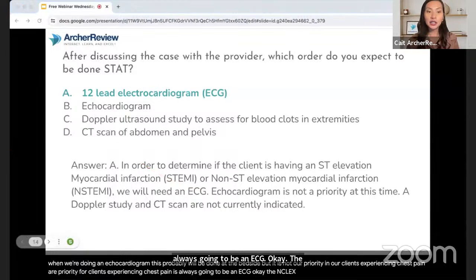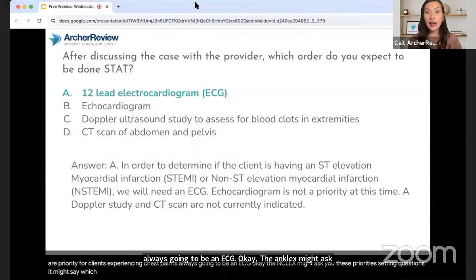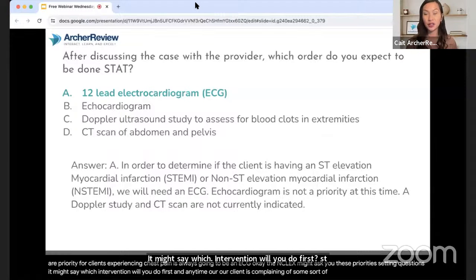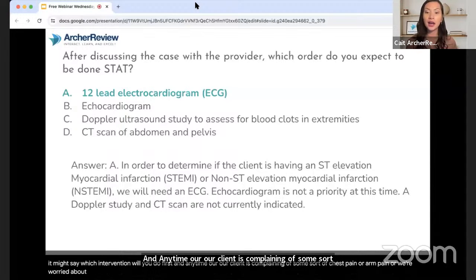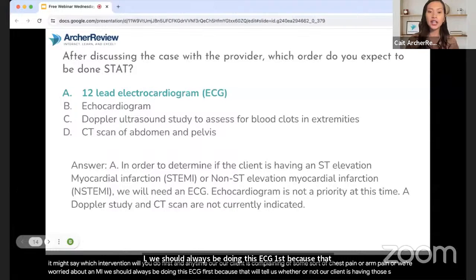The NCLEX might ask you these priority setting questions. It might say, which intervention will you do first? And anytime our client is complaining of some sort of chest pain or arm pain, or we're worried about an MI, we should always be doing this ECG first, because that will tell us whether or not our client is having those ST elevations.